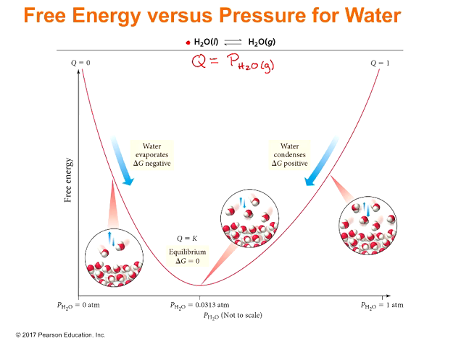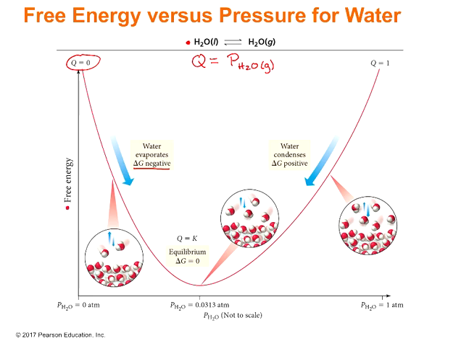So keeping that in mind, let's say that we start with all liquid, so we don't have any gas. That means our reaction quotient will be 0. And then let's say we do start to see some evaporation. Under the conditions shown here, water will evaporate spontaneously, which means that delta G is negative.